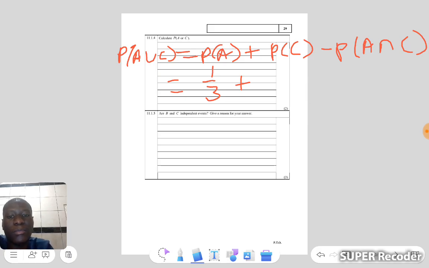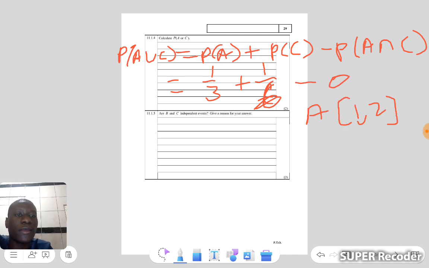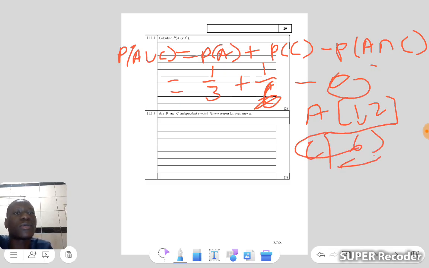Okay, so that means even here I made a mistake. The probability of C is 1 over 6 because there is one chance that it will be 6 and the total is 6, minus 0. Why 0? Because in event A there is 1 and 2, and in event C there is 6 only, so no repeating elements. That means this one is 0.